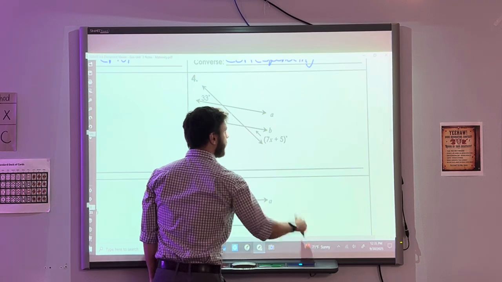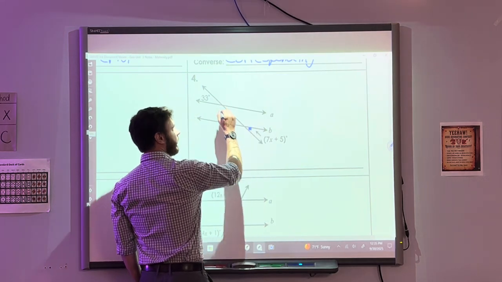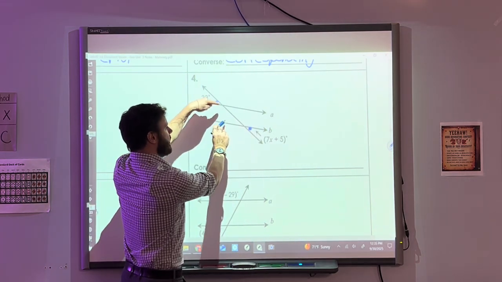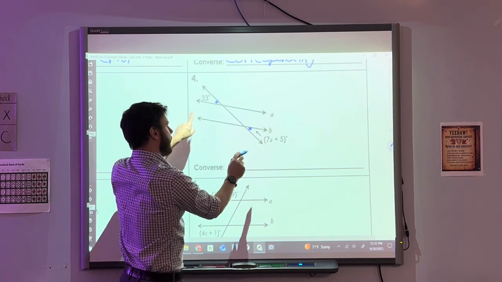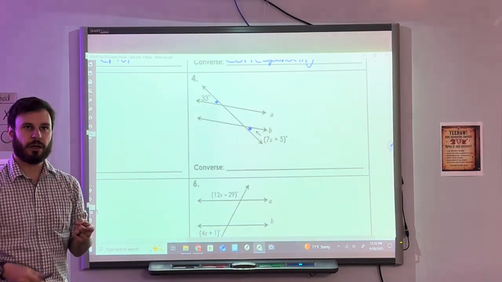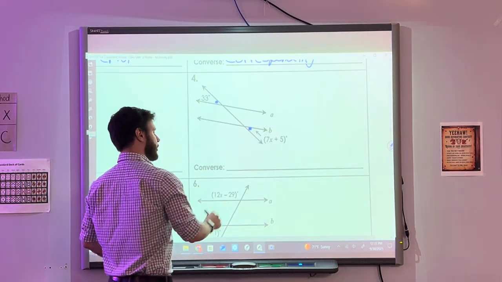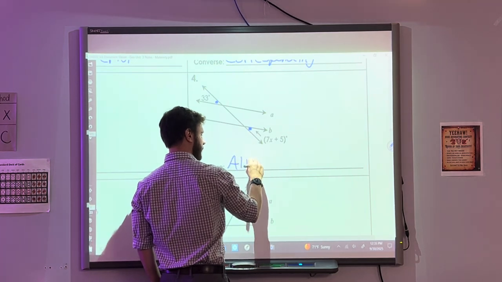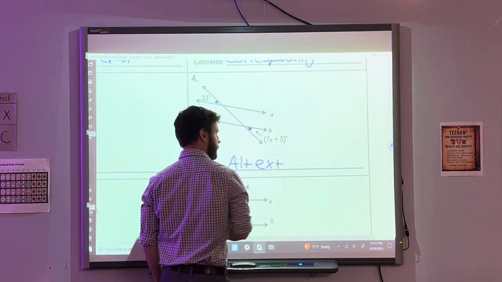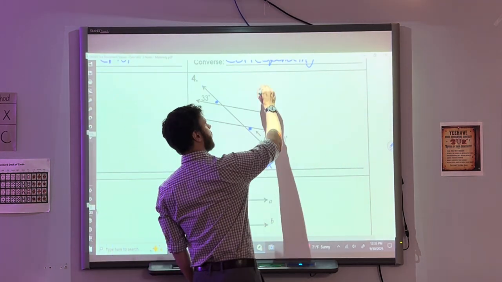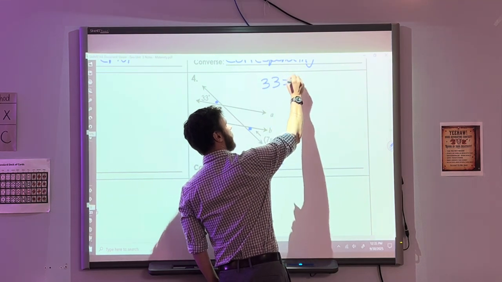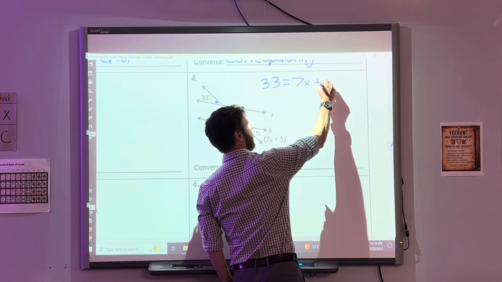This angle here and that one there, they're both on the outside and they're both on opposite sides. Alternate exterior, and they should be the same. So 33 equals 7x plus 5.